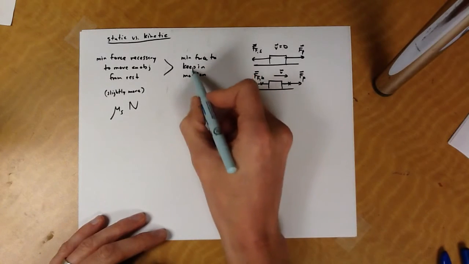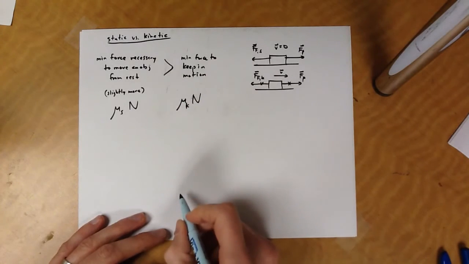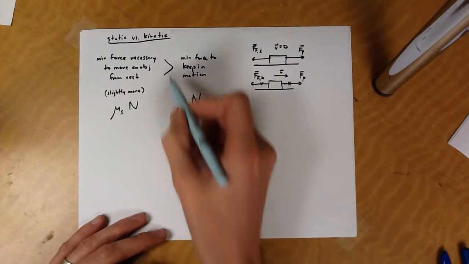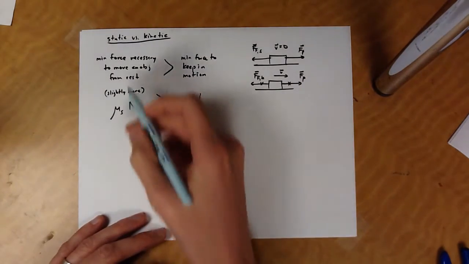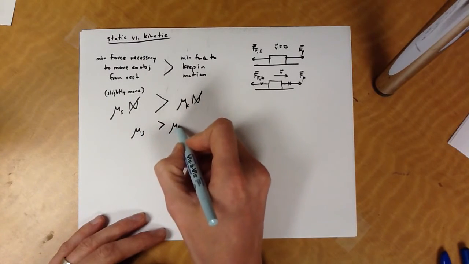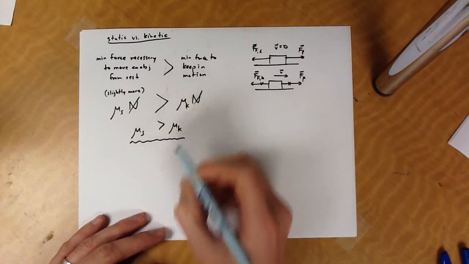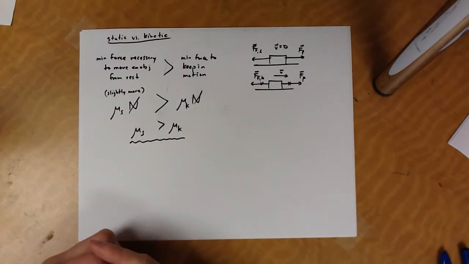So the minimum force you need to exert to keep something in motion is mu k times n. That's of course the kinetic friction force. So if this is greater than this, then we have this, and if we cancel off the normal forces, then we come to the conclusion that the static and kinetic frictional coefficients have this relationship.